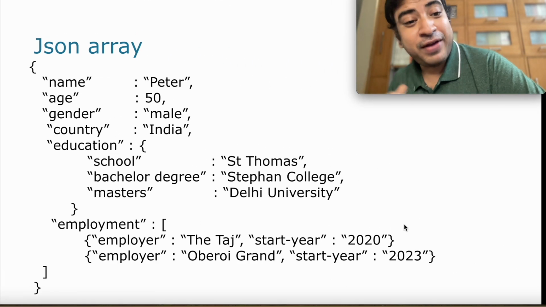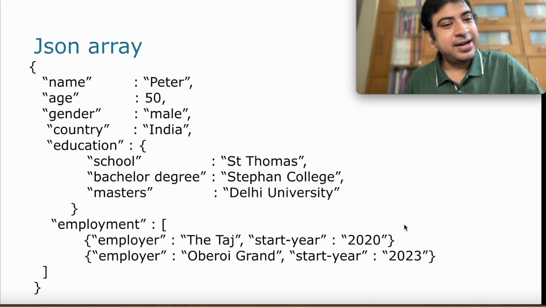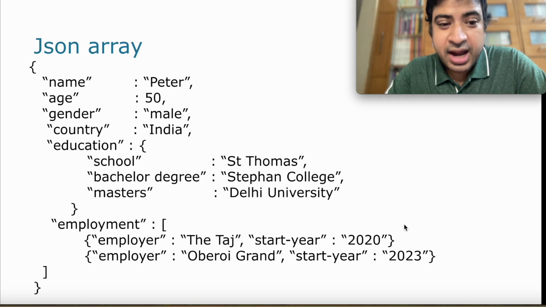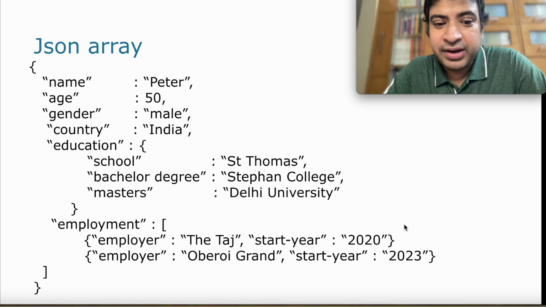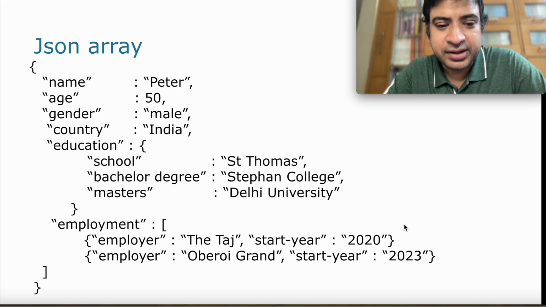Here is an example of another JSON where we see an array. We extend that same JSON object which represents the person Peter. Now, in addition to the educational qualifications that we listed, we might also want to add the employment history of the same person.